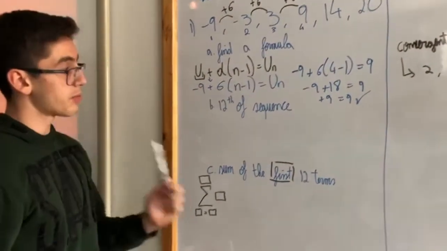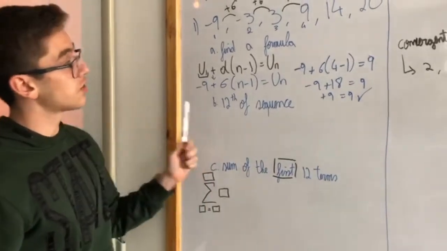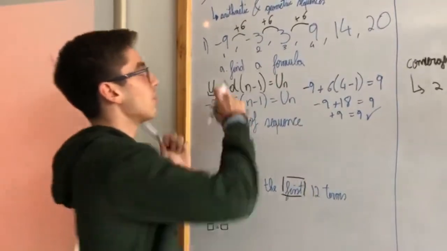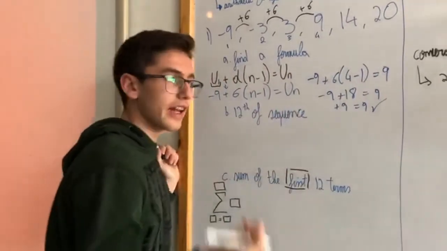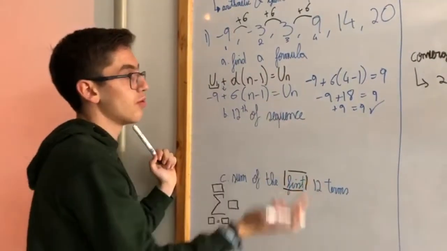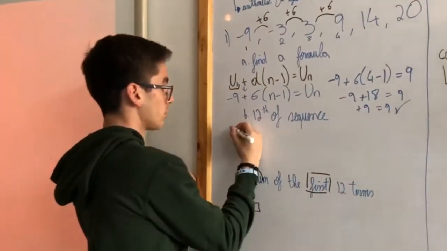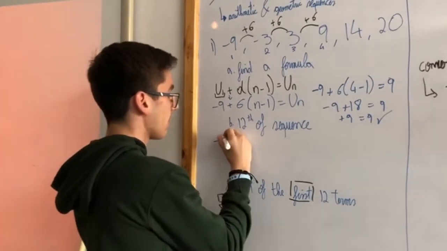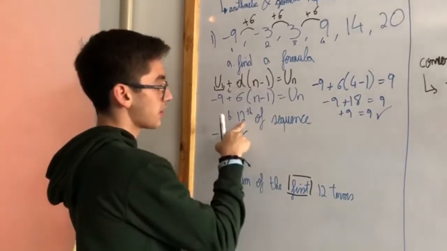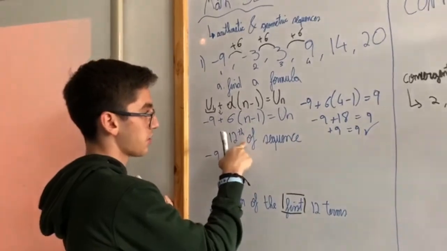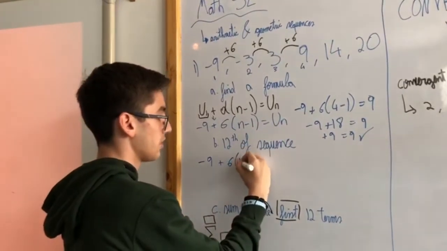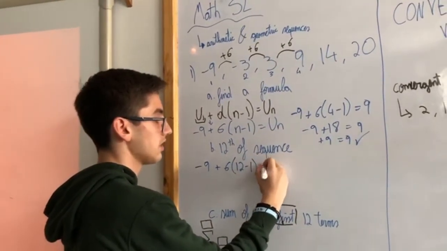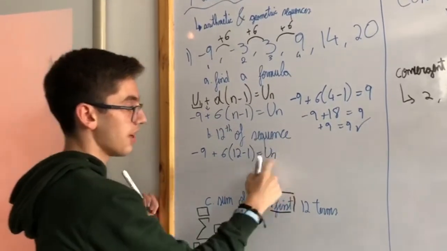Now the next question that is also pretty common: find the 12th term of the sequence. Instead of just writing it by hand, you guys can just use the formula as I just did. So it'll just be -9 plus 6, and then you substitute n, which is 12, into the formula. So it'll be 12 minus 1 equals the term you're trying to find, which is un.